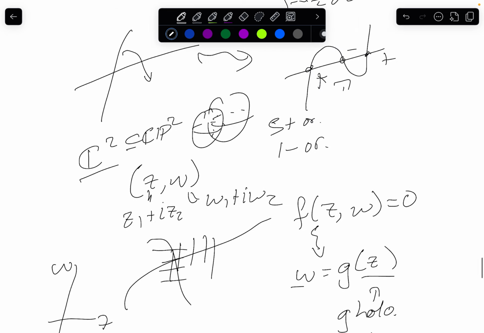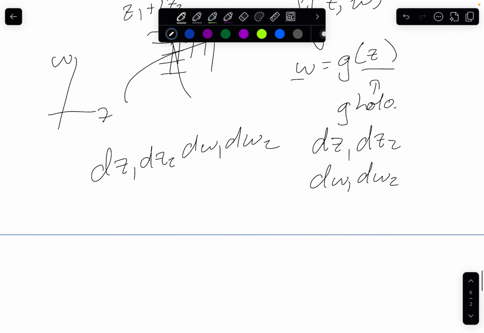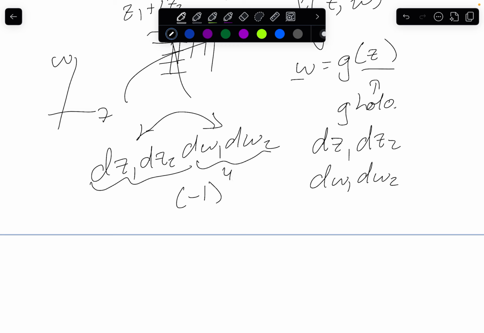In the real case, it mattered whether you took this one first or this one first: you get one orientation one way, and the opposite orientation the other way, right? Here it doesn't matter, because even if you swap these two blocks around, you end up with a factor of (-1)^4, which is equal to 1.